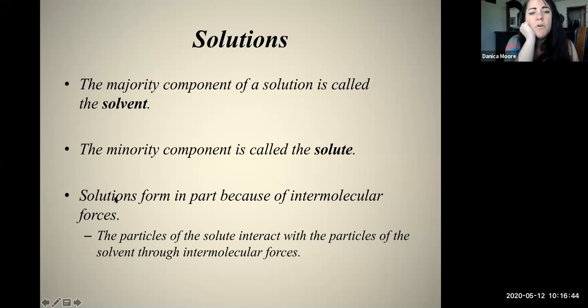So I think before, when we were talking about solutions, we were calling the solvent the thing doing the dissolving, and the solute the thing that is being dissolved. But now we're going to broaden that definition to the solvent being the majority component and the solute being the minority component, right?